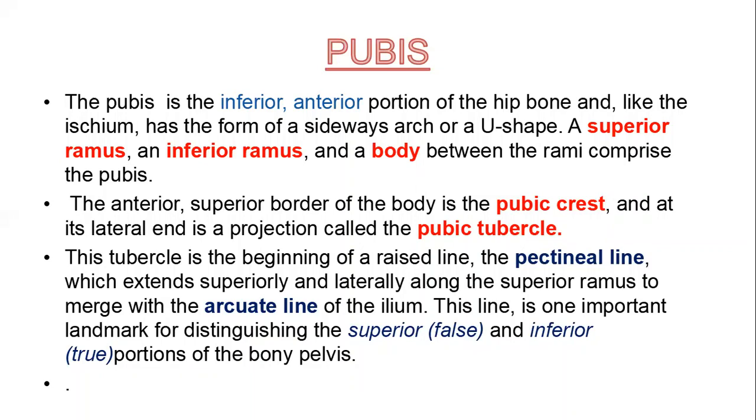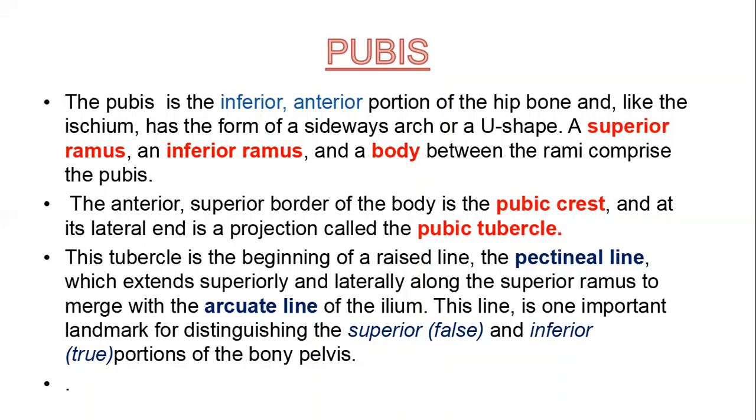Remember when we were talking about the other bone? Not the ischium, actually it was the ilium. We were able to identify the arcuate line. Well, on this, we can see the pectineal line.